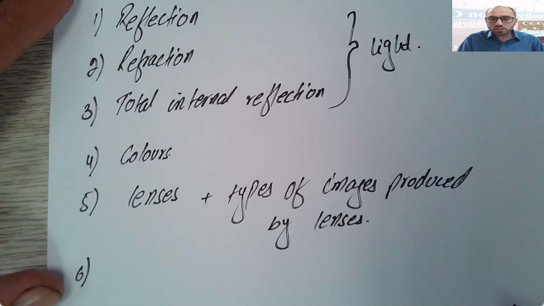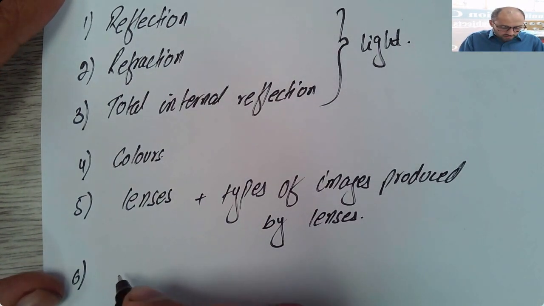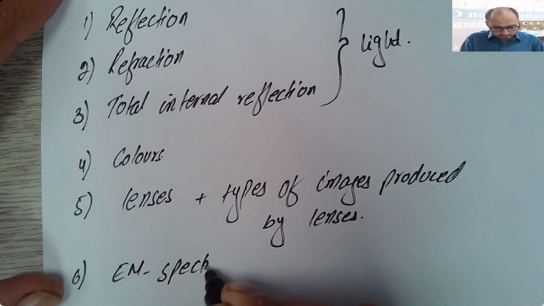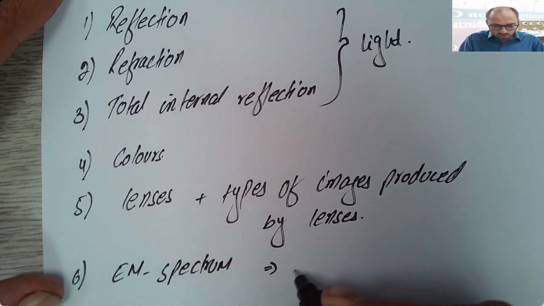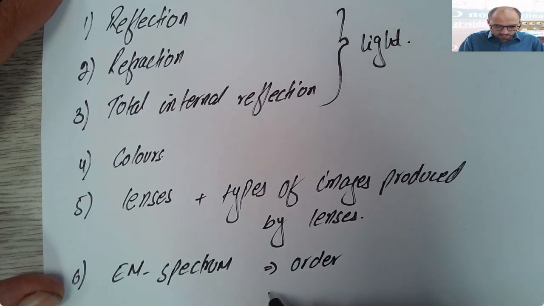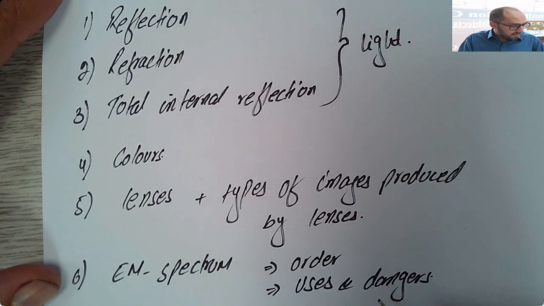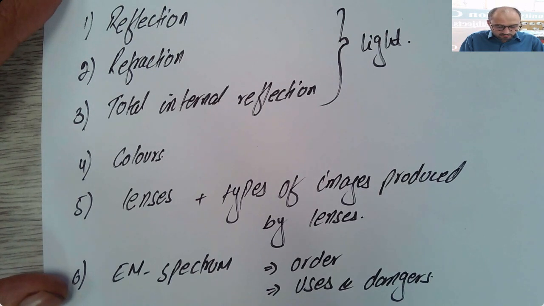Number 6, you will need to know about the EM spectrum. We'll need to know here order, uses and dangers. And number 7, you will need to know about surface properties.